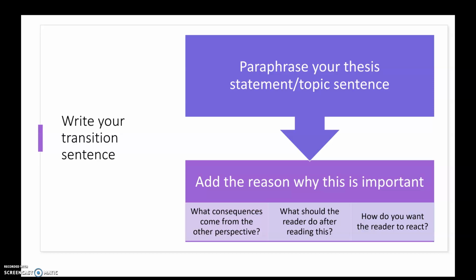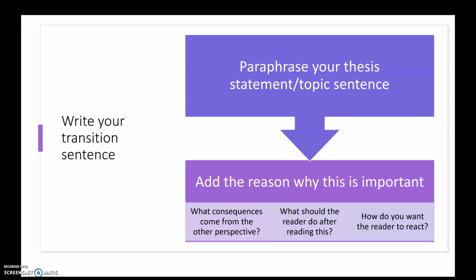In my transition sentence, I might talk about how if we continue to require uniforms in schools, then we are discouraging students from developing a sense of identity, making it harder for them to go to school, and limiting their cultural expression, all of which will have many consequences in their future lives. That might be a transition sentence for that paragraph.